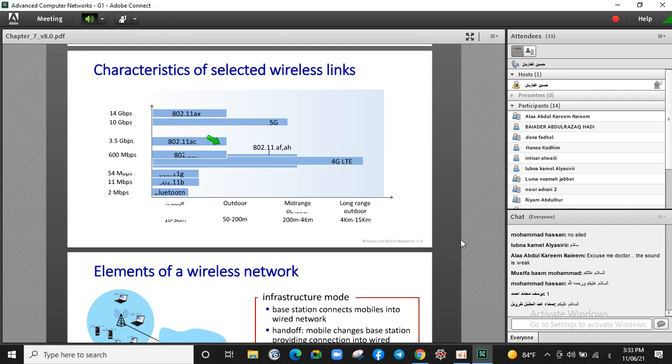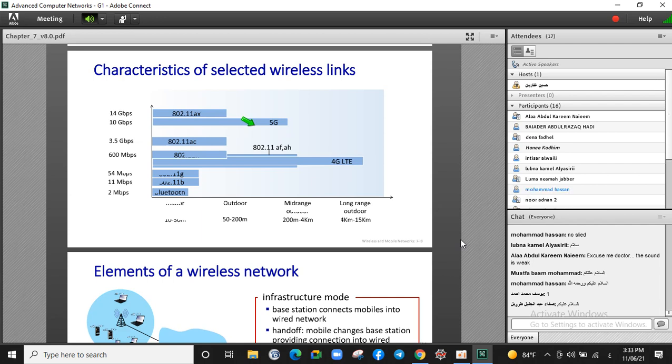When I'm talking about, for example, 4G or LTE technology, its communication range is a value between 4 kilometers to 15 kilometers. For 5G, maybe this communication range is limited between 200 meters to 4 kilometers.